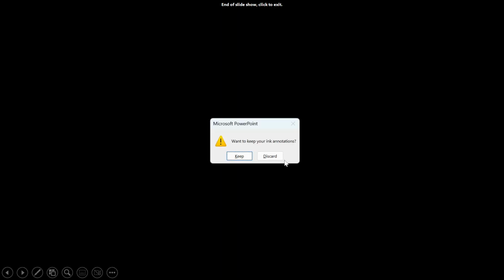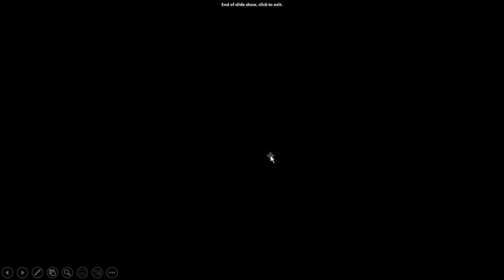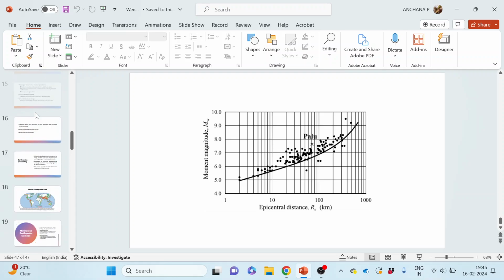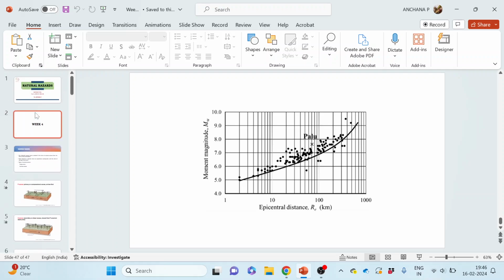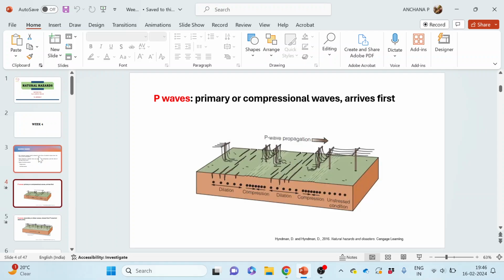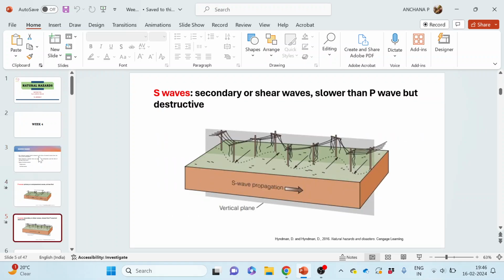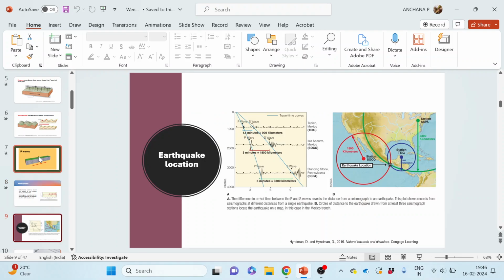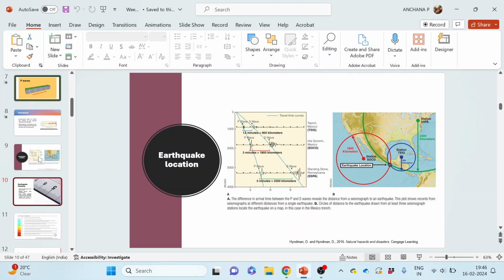So that brings us to the end of the presentation on my part. If you have any question, because a few of you had joined late, I don't mind repeating it now or in the next class. Please ask me, don't hesitate. We had discussed seismic waves, different types of seismic waves, then seismographs and seismogram, and earthquake location, which I had shown in this image, and then I had also shown you a video.